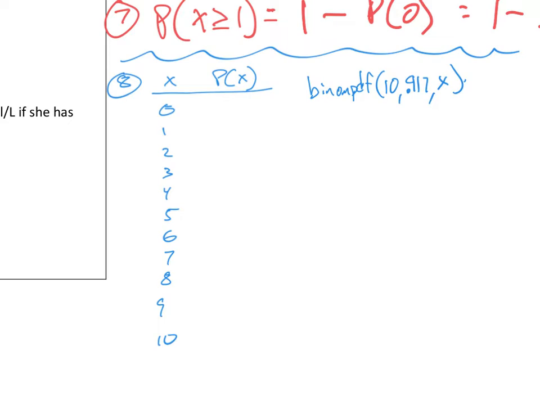Again, that comes from second distribution. Make sure you get binomial pdf, not binomial cdf. So we have 10 trials, the probability is 0.917, and then start with 0 and run that.